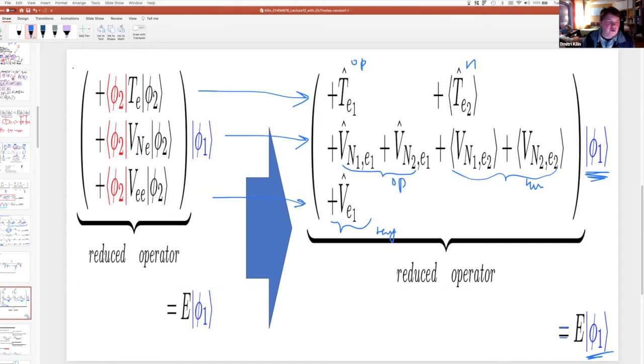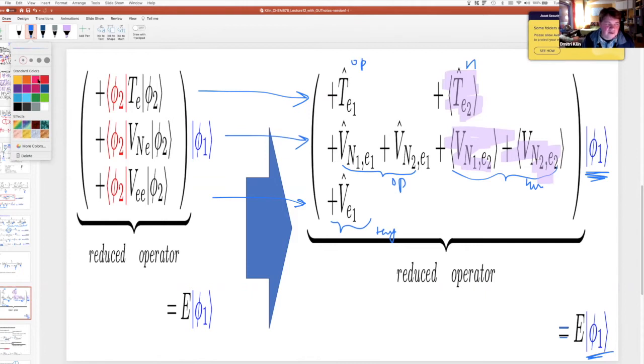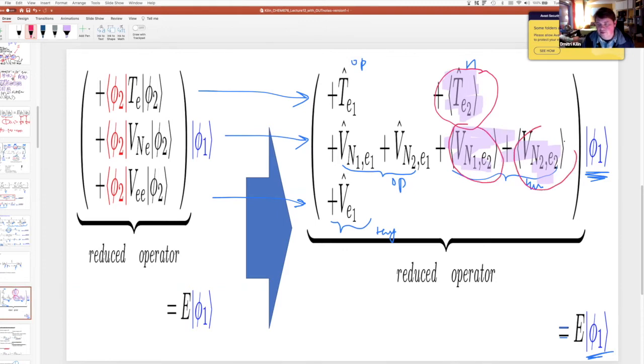So what I'm going to do now is take all the things which are not operators, this one and this one, and transfer them from the left to the right part. So I will take these three terms and I will put them here.